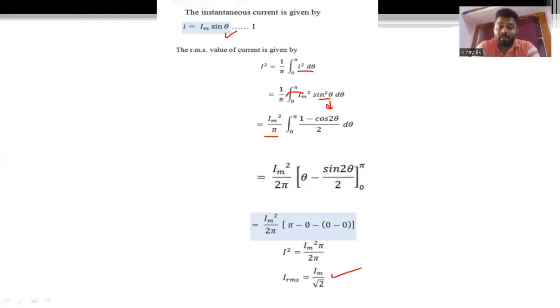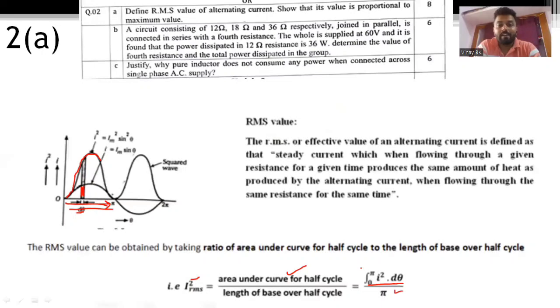You should observe the questions properly, whether they ask about alternating voltage, alternating current, or alternating quantity. Here they ask to define the RMS value of an alternating current. If it is the RMS value of alternating voltage, that is nothing but VRMS.